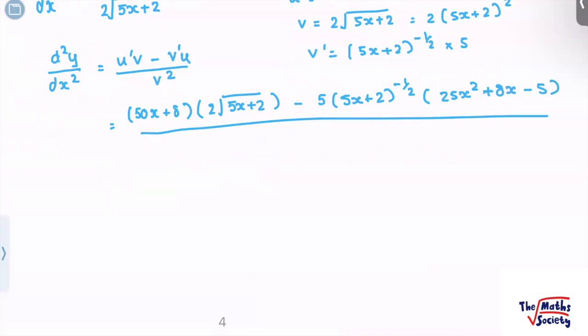Then you just multiply, so it's 4 times (5x plus 2), isn't it?